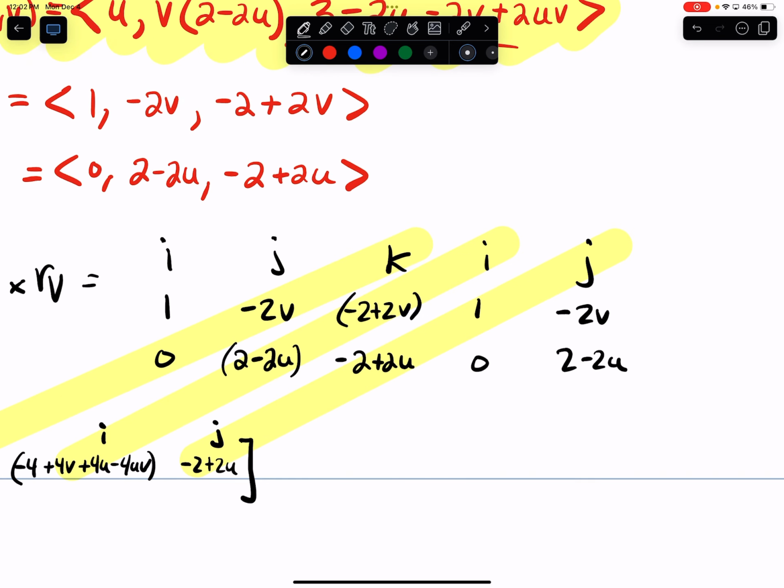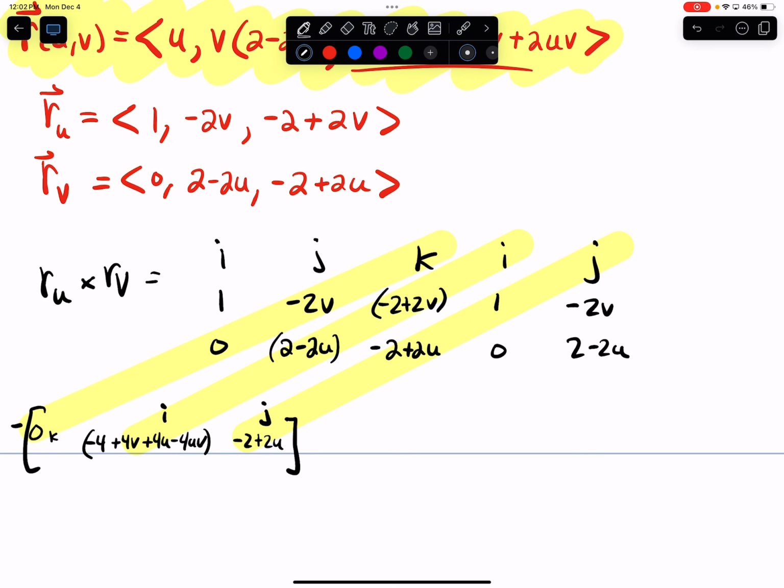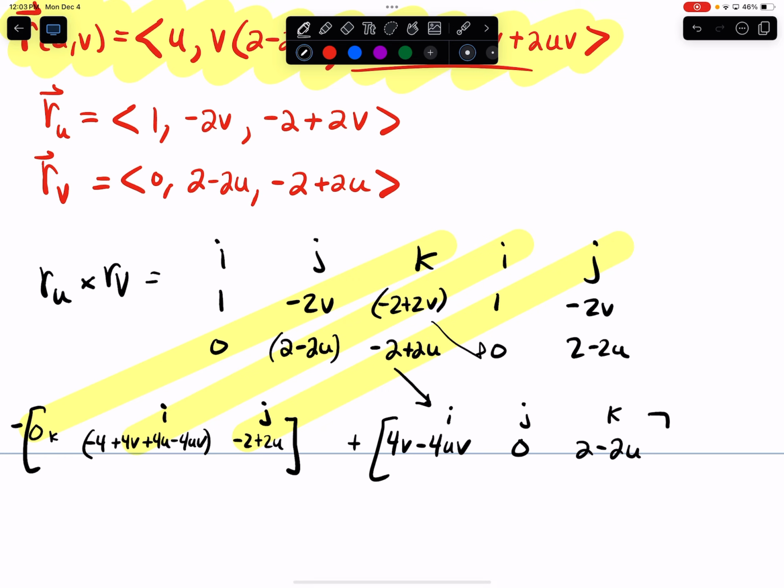Now if I go over to the other side, that's 4v minus 4uv for the i's, and then 0 for the j's, and then 2 minus 2u for the k's.